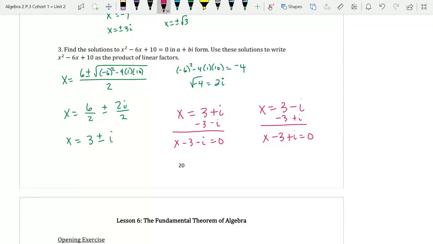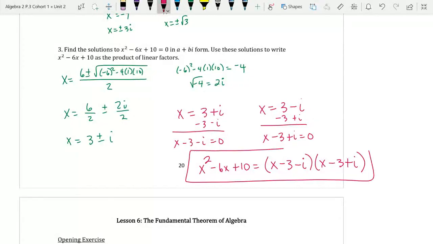If something's equal to 0, it's a factor. So that means this equation, x squared minus 6x plus 10, can be shown as a product of 2 linear factors, x minus 3 minus i and x minus 3 plus i. Weird looking factors, but they are factors of this polynomial.